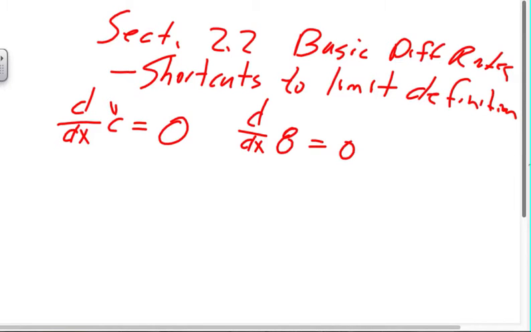Okay, the next one I want to talk about, one of the most commonly used ones, a very important one, is called the power rule.